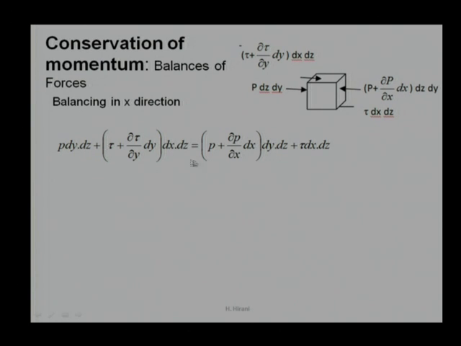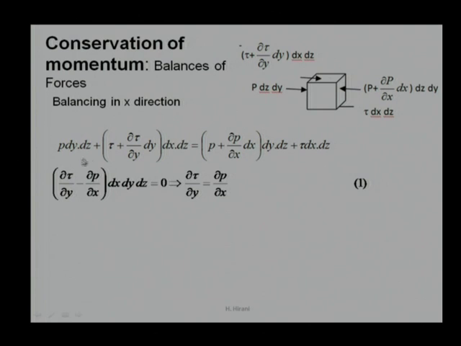We know this tau dx and this tau dx will be cancelled. P dy dz and P dy dz will be cancelled. So, overall equilibrium comes with gradient terms like this.